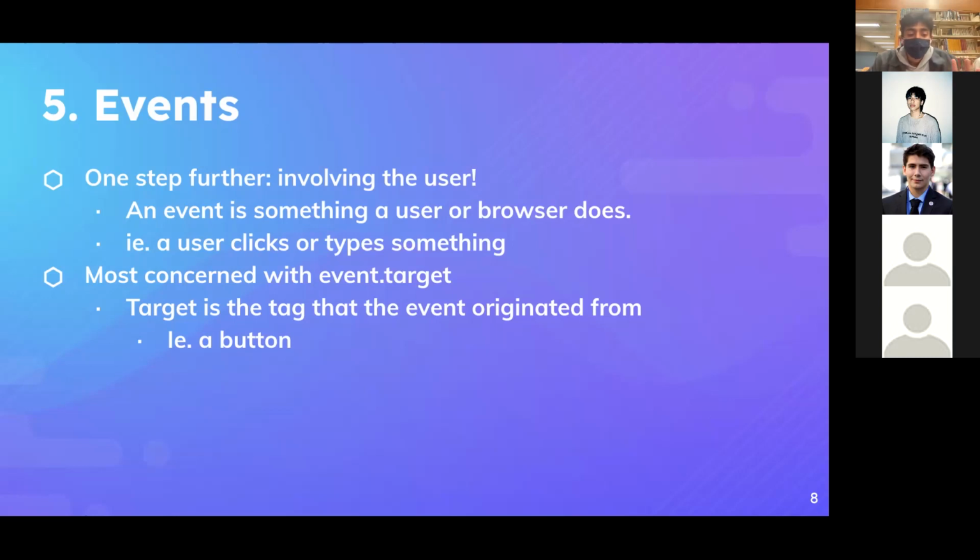But essentially, we assign a tag to be listened to by our code so that whenever something happens, our listener knows to trigger a function. Okay, that's kind of a top level overview. Are there any questions?